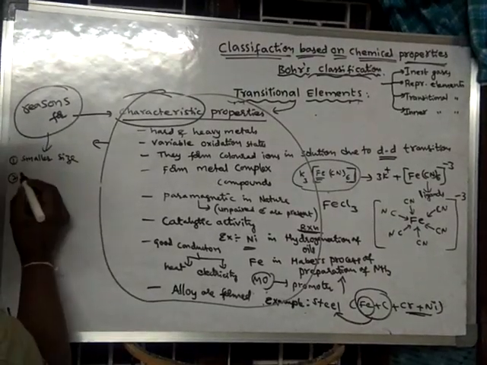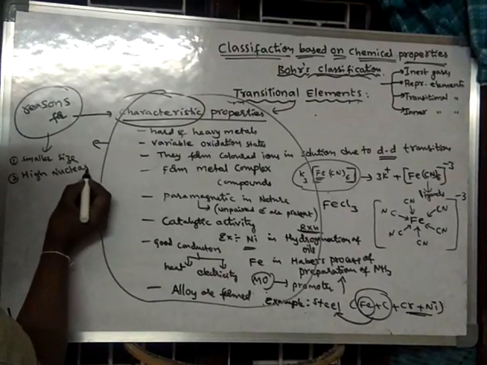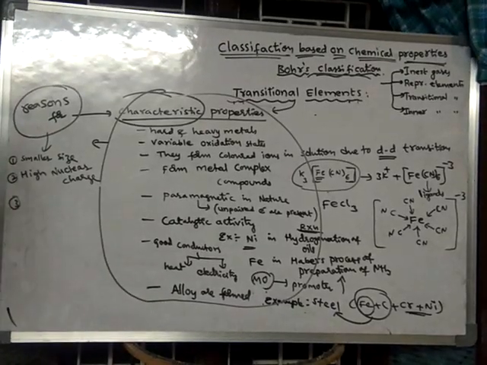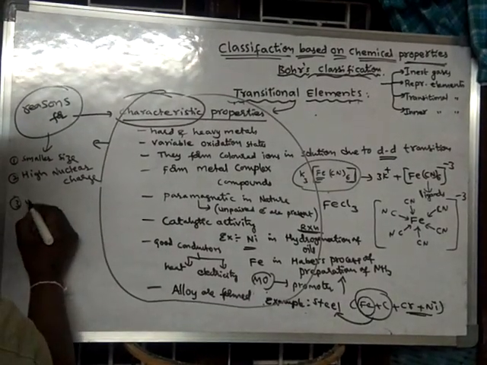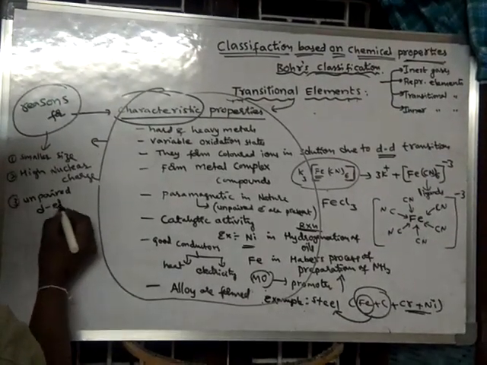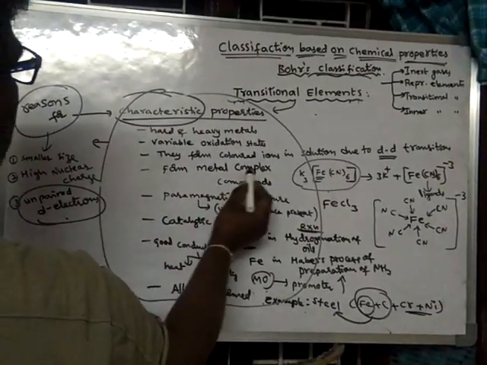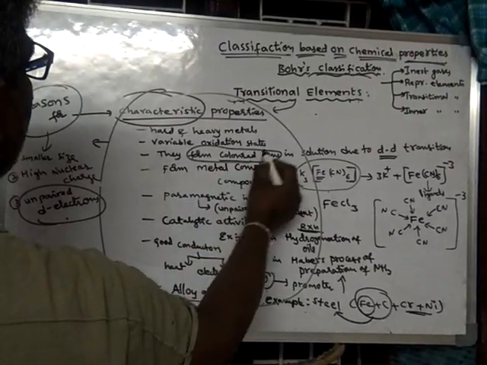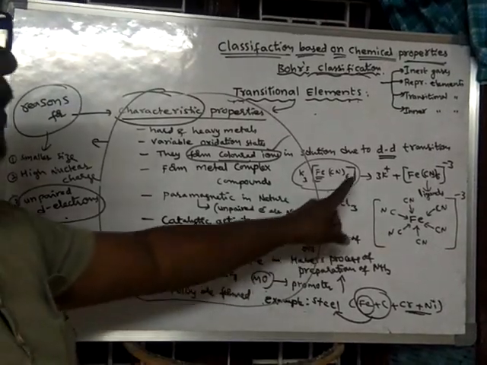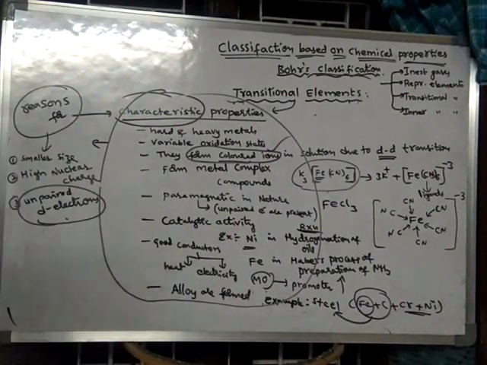They have high nuclear charge, and also they contain unpaired d electrons. Due to the presence of unpaired d electrons only, they form colored ions. When unpaired d electrons are present, they undergo d-d transition.